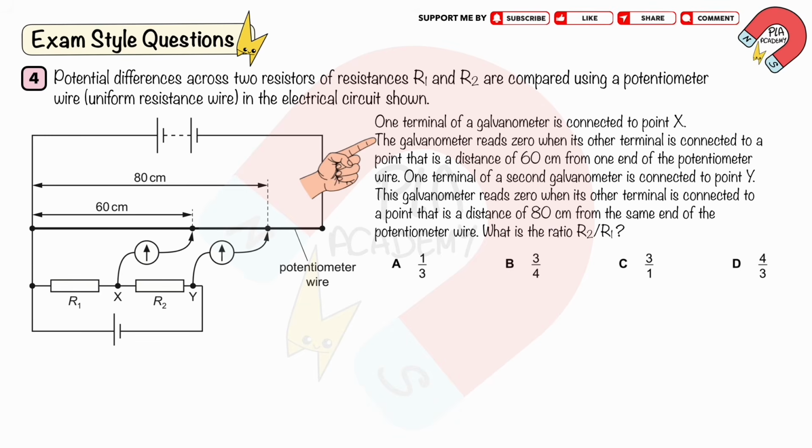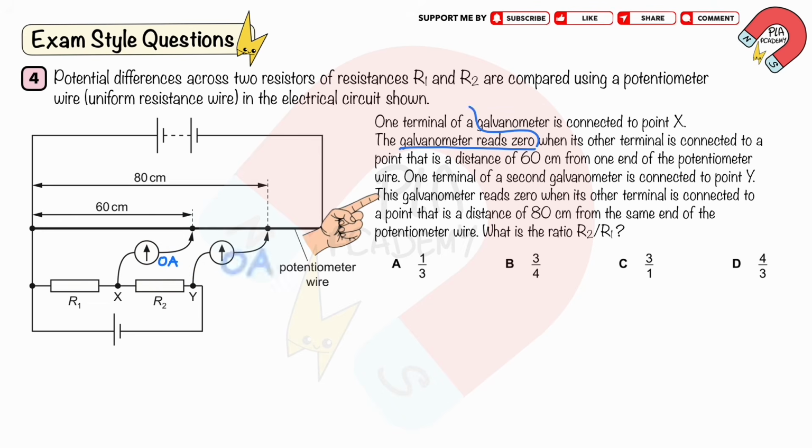One terminal of a second galvanometer is connected to point Y. This galvanometer reads 0 when its other terminal is connected to a point that is a distance of 80 centimeters from the same end of the potentiometer wire. What is the ratio R2 to R1?